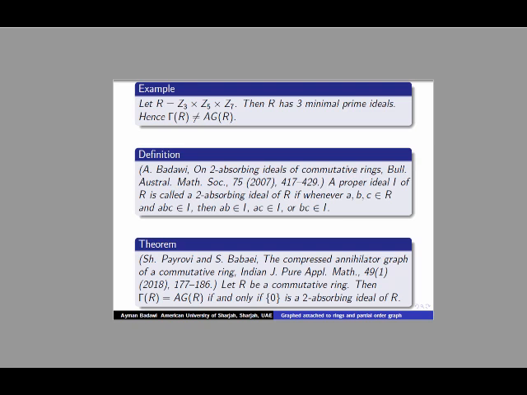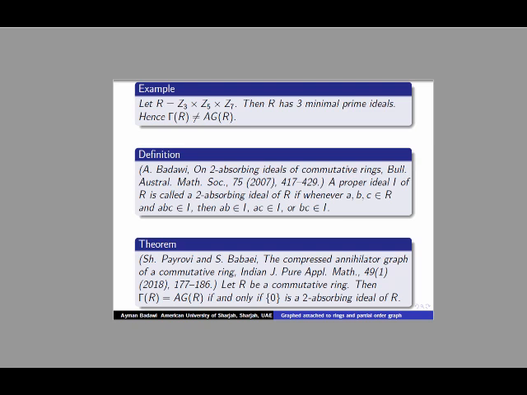Because what is the definition of a prime ideal? A prime ideal means whenever I have a product of two elements in I, then one of them has to be in I. Here, what I'm saying is, whenever I have a product of three elements in I, then a product of two should stay in I. Okay?